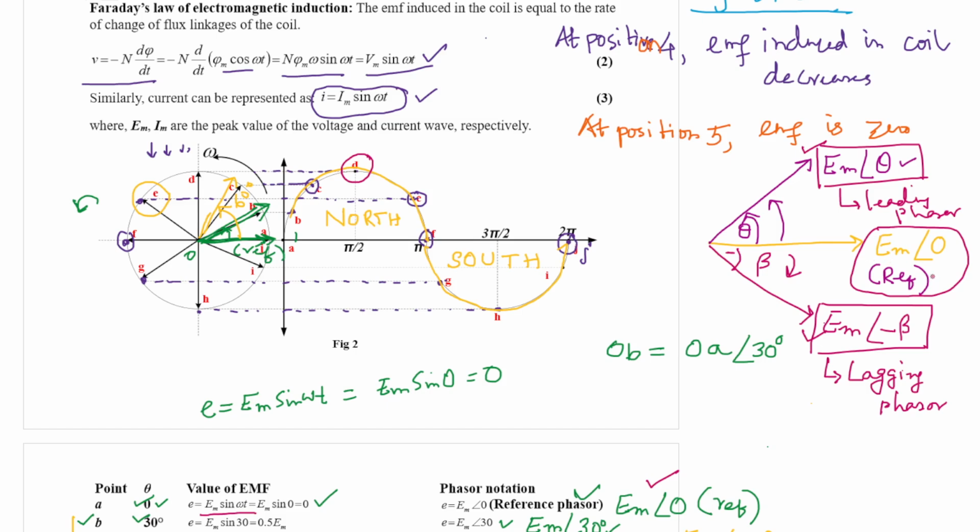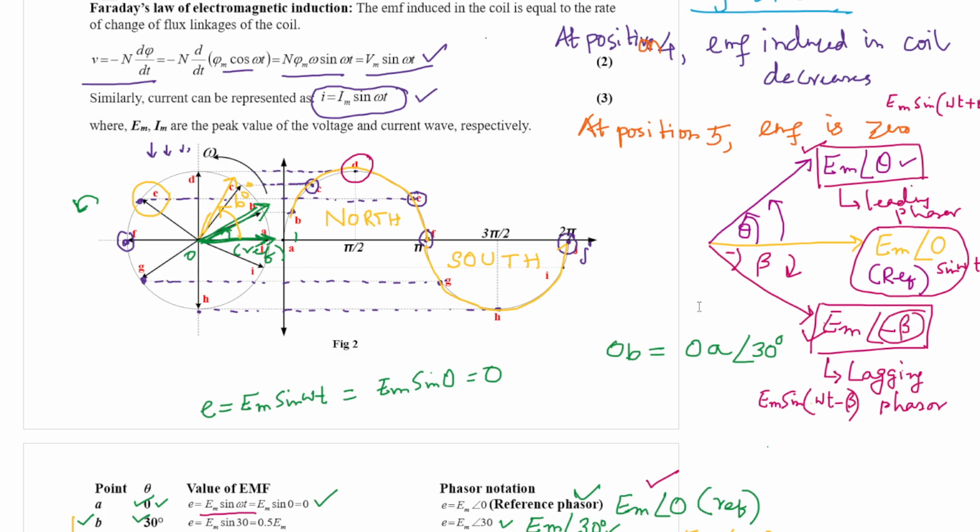Em angle 0 is the reference phasor because it is only sin omega t, and here it is a leading phasor angle theta because it is represented by Em sin omega t plus theta, and this is minus beta because its representation should be Em sin omega t minus beta.